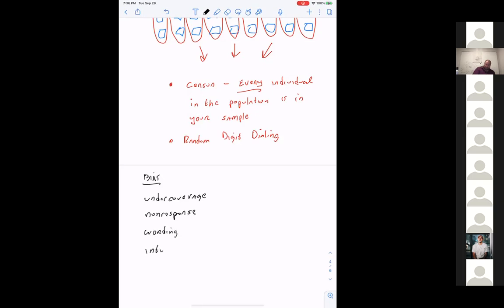There's interviewer bias. There's just straight up someone lies. That's called something. I forget what it's called. But there's multiple ways that bias can be introduced, or just like the basketball example.